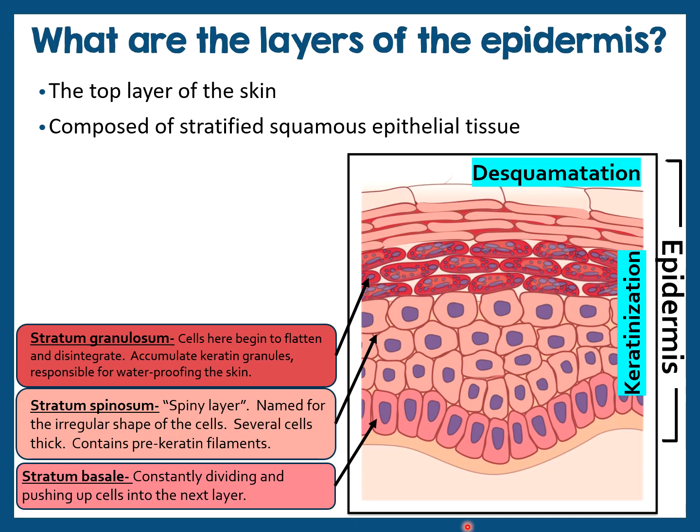And as they get flatter, their cell membrane will begin to thicken, and they generate large amounts of the protein keratin. And that keratin, again, is very fibrous, and that will accumulate as lamellar granules within the cells. So the keratin, along with the lamellar granules, are two proteins that are going to make up a bulk of the keratinocyte's mass in the stratum granulosum and give the layer its grainy appearance.